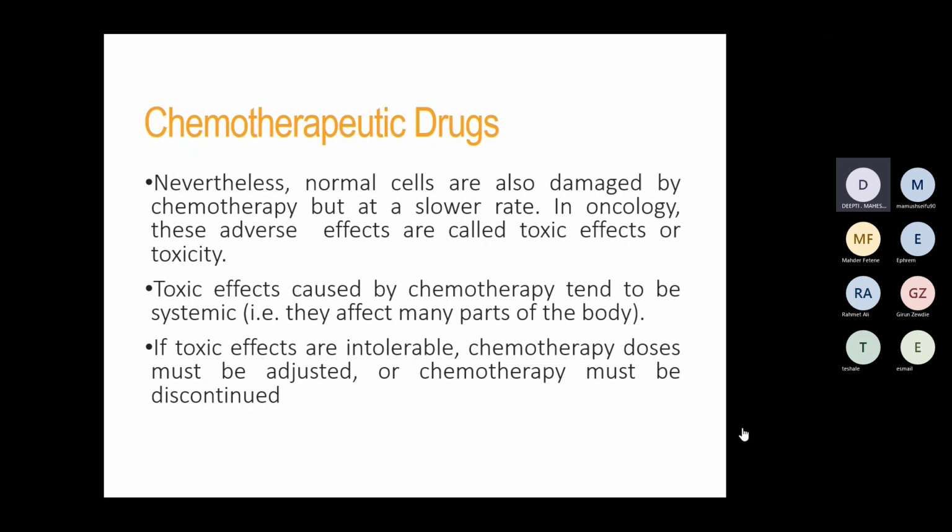Either the dose is reduced, or the gap between two chemotherapy cycles is increased, or if the toxicity is very high, the drug is discontinued, or sometimes they may even change the chemotherapy drug. So that is also possible.